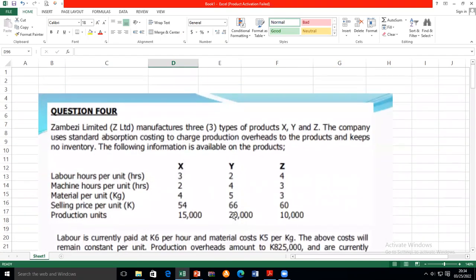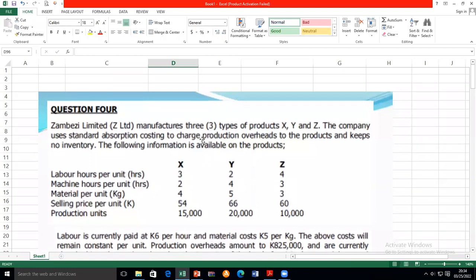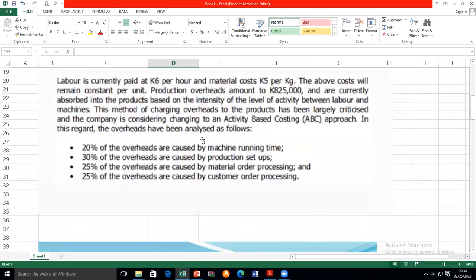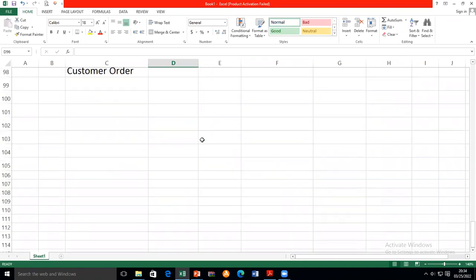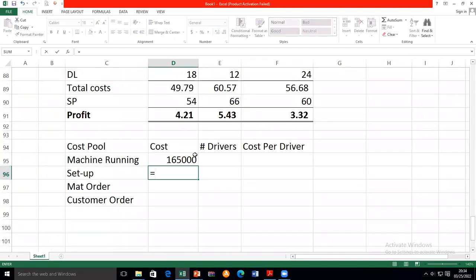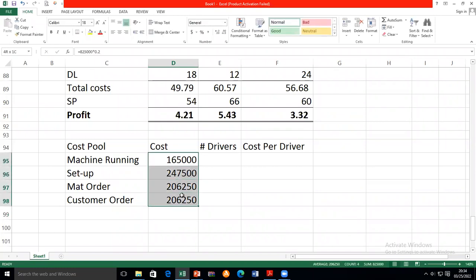The second one, 30%. Then this one. So this is what we have so far.